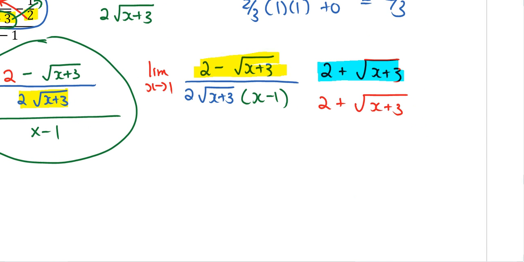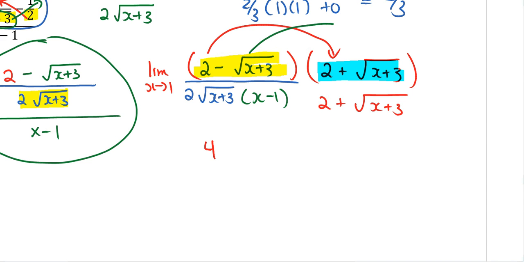Now this is very similar to one of the problems that we had earlier. When you're multiplying by the conjugate, my best advice is to multiply the conjugate expressions only and don't simplify the other parts. So just take your numerator. The numerator you're multiplying by the conjugate, so simplify that. If you multiply those two statements together, well, 2 times 2 is going to be 4. And whenever you have a conjugate, the middle terms cancel out, so you don't have to worry about the middle terms, and just multiply the last terms.